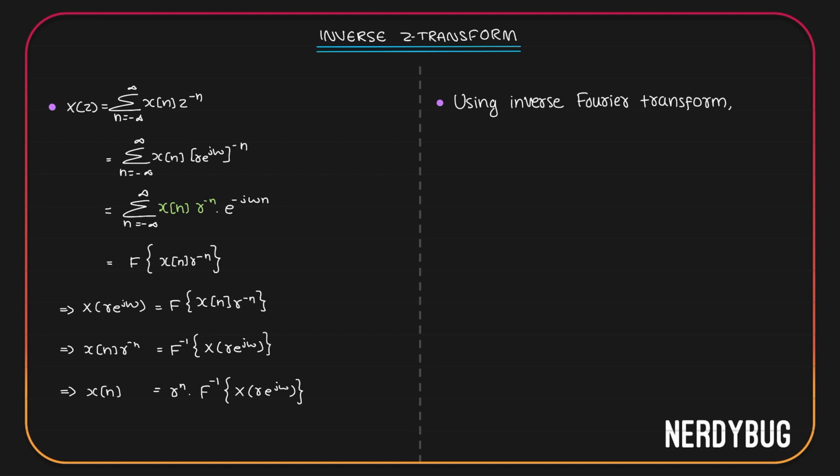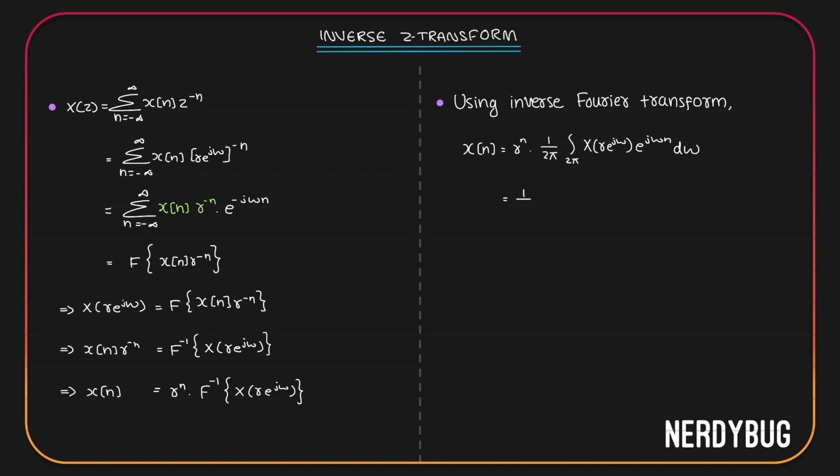Let us use the expression for inverse Fourier transform. Then x of n will become r raised to n multiplied by 1 by 2 pi integral over an interval of 2 pi x of r e raised to j omega e raised to j omega n d omega. Let us bring r raised to n inside the integral and put it over here.